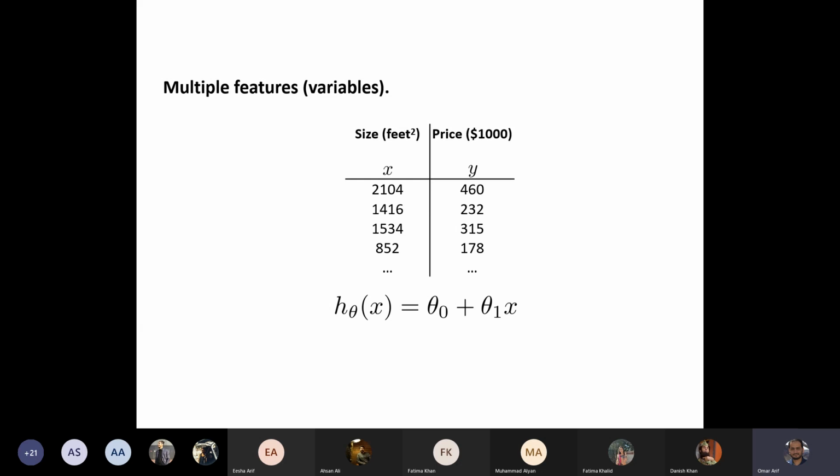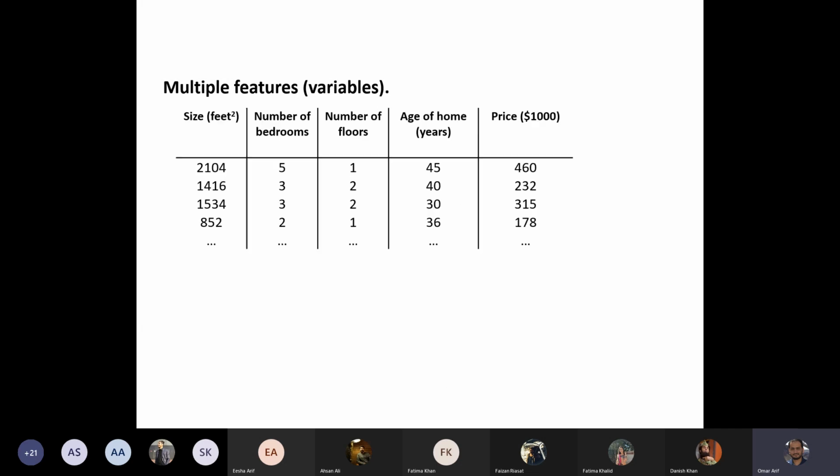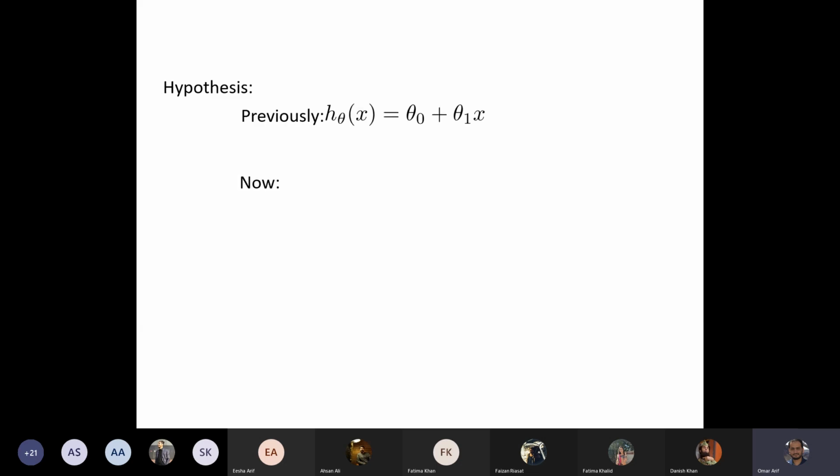So again, recap that we start by defining the hypothesis. This is my linear hypothesis in the case when the input dimension is 1. So my feature is just the size of the house. And if I have multiple features, then the hypothesis changes accordingly.